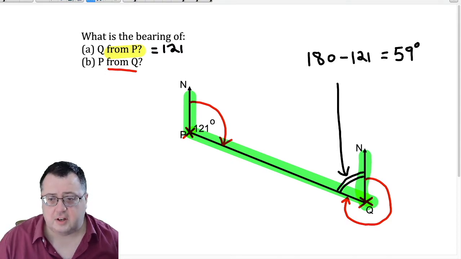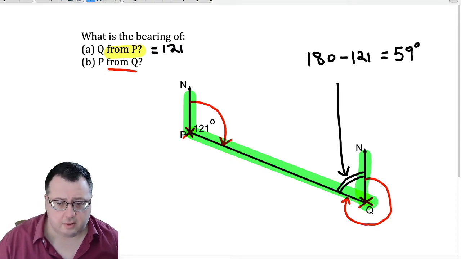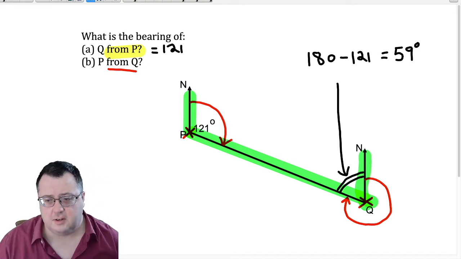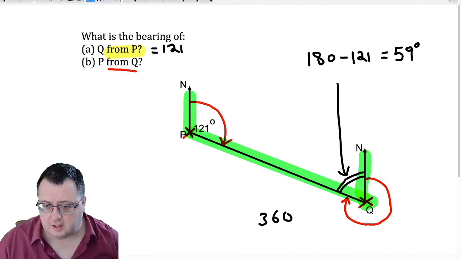And if that's 59 degrees, then angles around the point will add up to 360, giving us that this angle at Q being 360 minus 59, or 301 degrees.